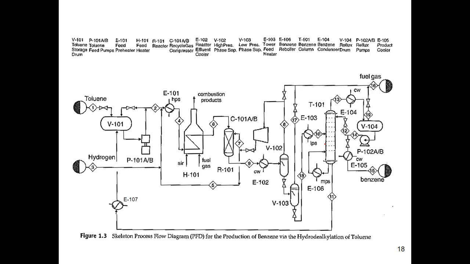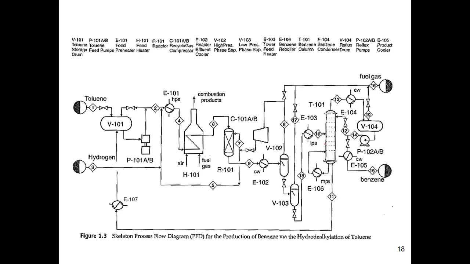Now let's look at this example together. Here we want to know how we find the number of operating labor that we need per shift. Let's say I have this process and I ask you how many operators I need per shift.